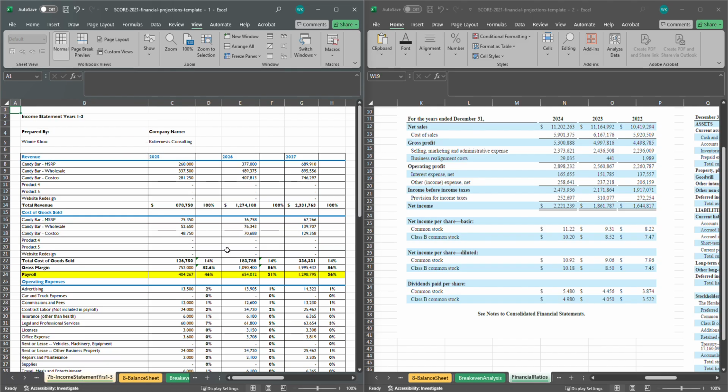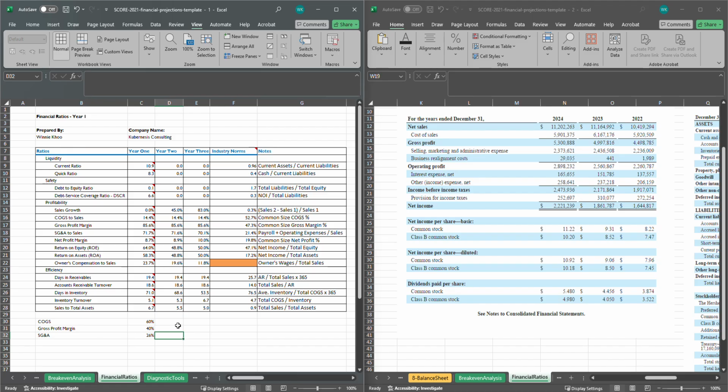If we go back, the COGS number is basically the total cost of goods sold plus payroll. That is all going to be part of the cost of sales for Hershey's, so I added these two together to create the numbers down here.